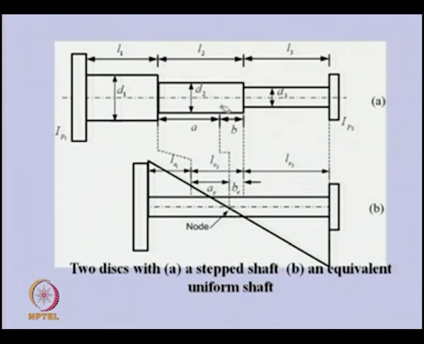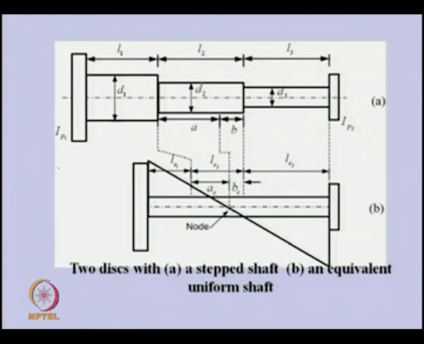In this particular case, when we want the node position in the stepped shaft, suppose this is the node position in the equivalent shaft corresponding to the second shaft segment. You can see that this dotted line represents the equivalent of the second shaft segment from here to here. If the node is here, that means the position from this end is A E and from this end is B E of that node.